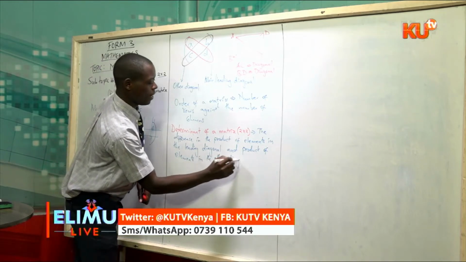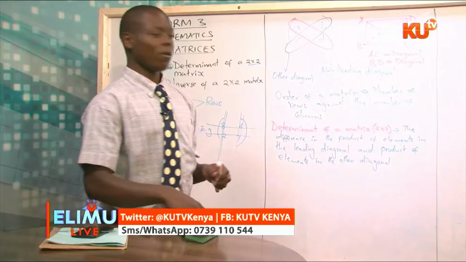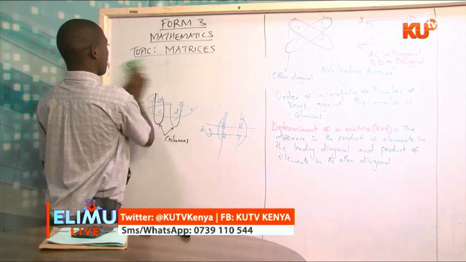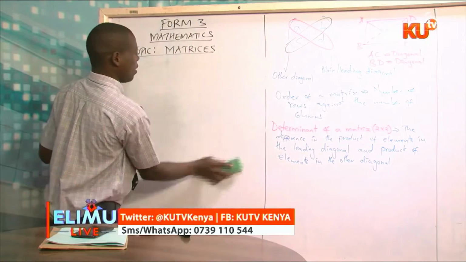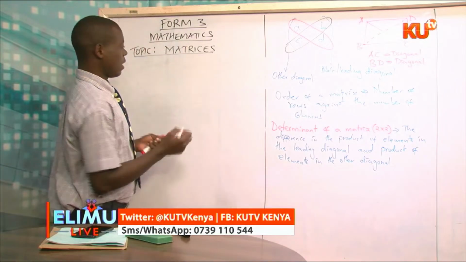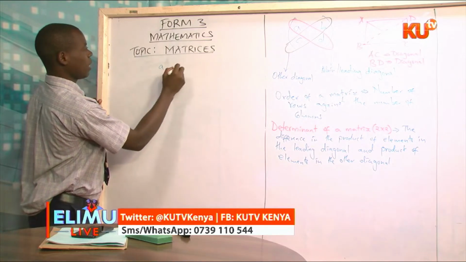What we mean by this is that we are going to obtain the product of elements in the leading diagonal and get the product of elements in the other diagonal, then get the difference. Because of the difference, we will subtract.